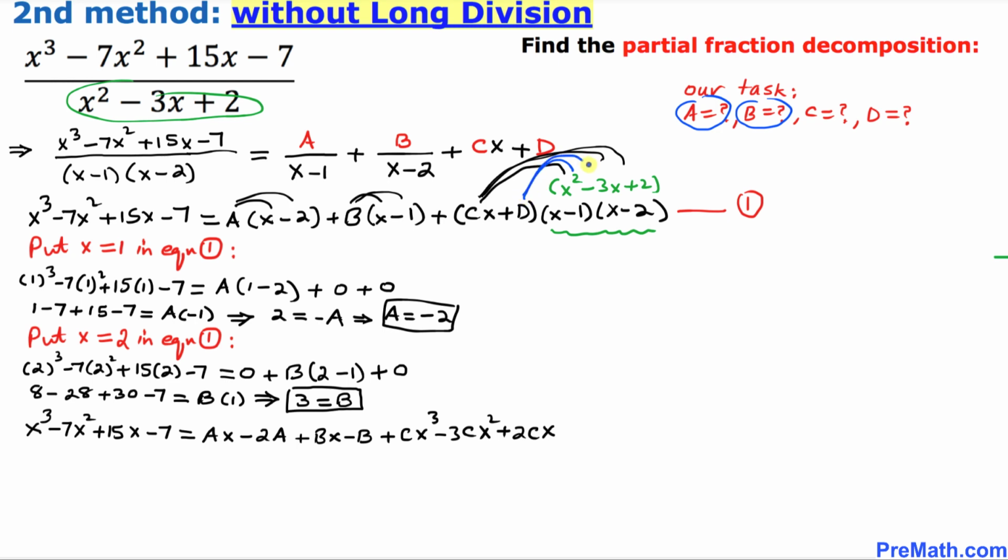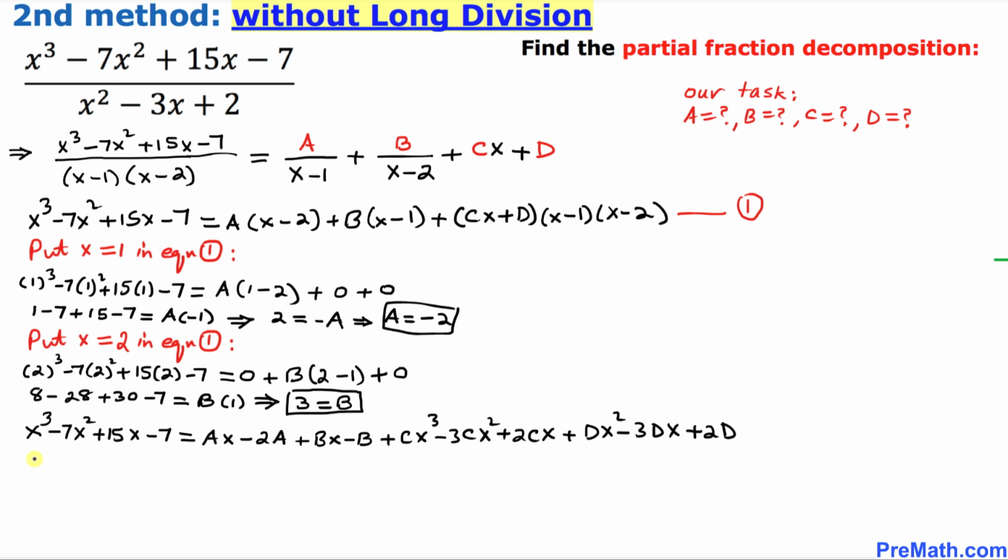We are going to distribute across the board, so that is going to give us plus dx squared minus 3dx plus 2d.